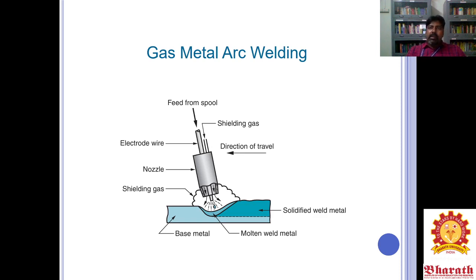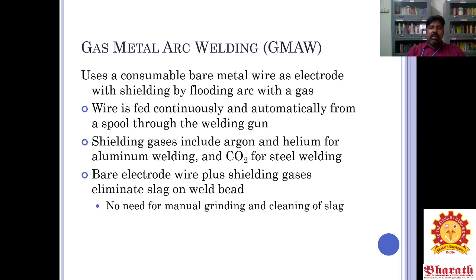It is fed manually or automatically, and we can use either a DC generator or an AC transformer, and normally we get 100 to 400 amps, depending upon the thickness or diameter of the wire we use, right?